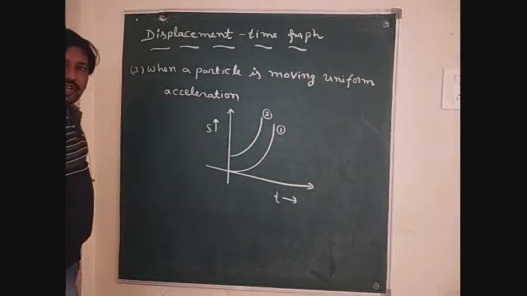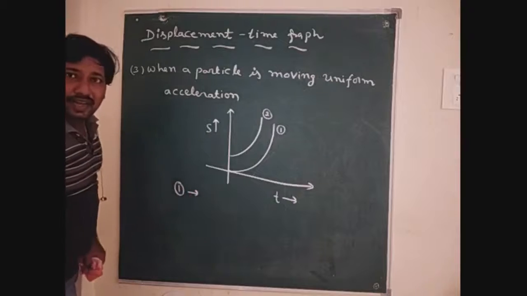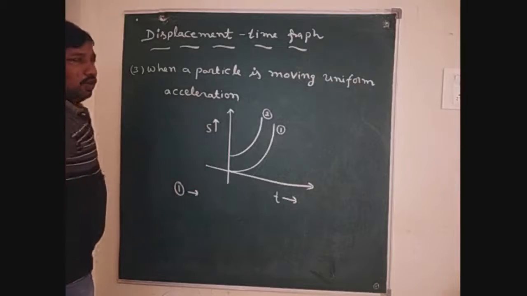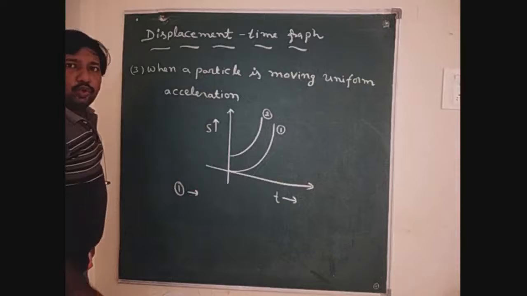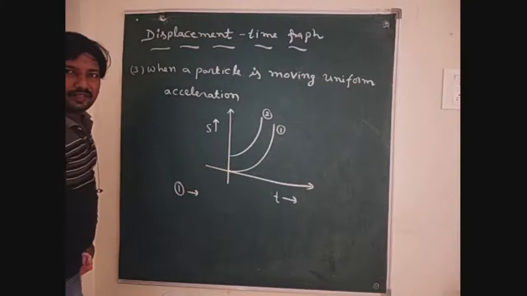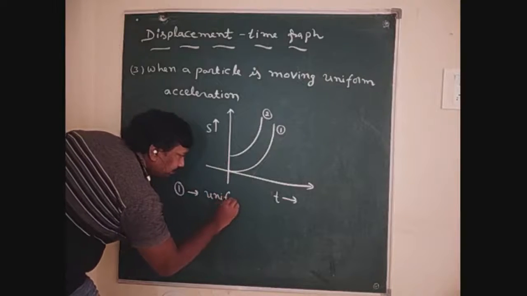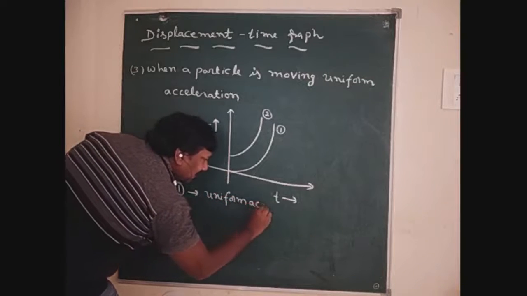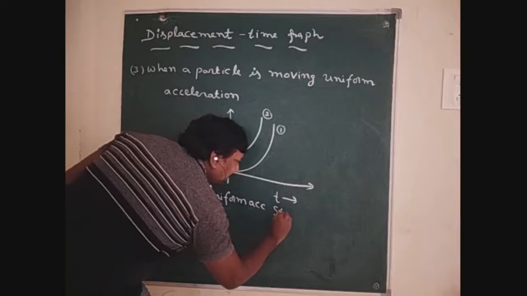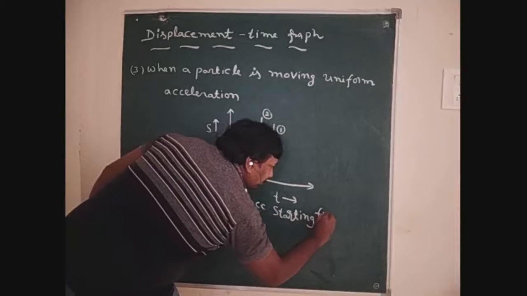In this situation, curve 1 represents the particle moving with uniform acceleration starting from rest.